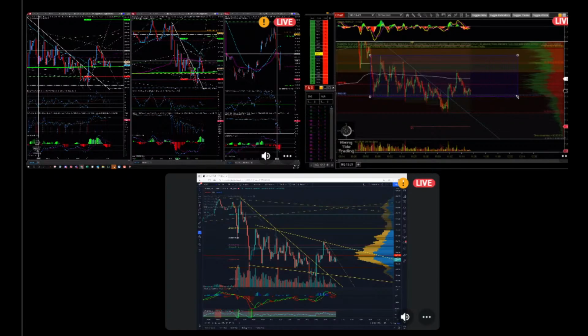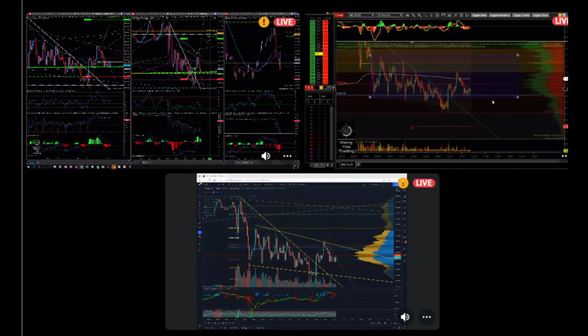I'm looking at left shoulder, head, right shoulder. Your 3 minute, we've been going down on falling volume, so it might be time for a turnaround.